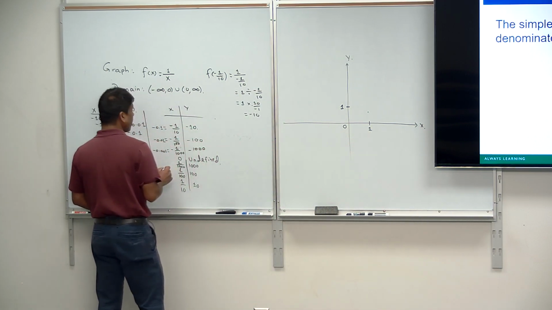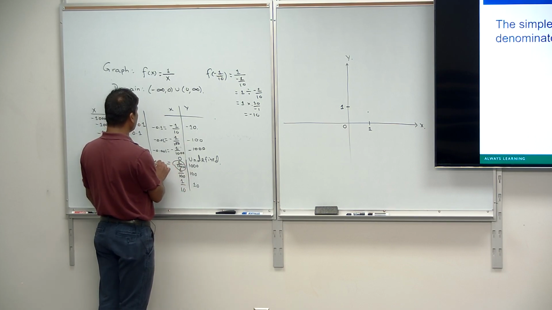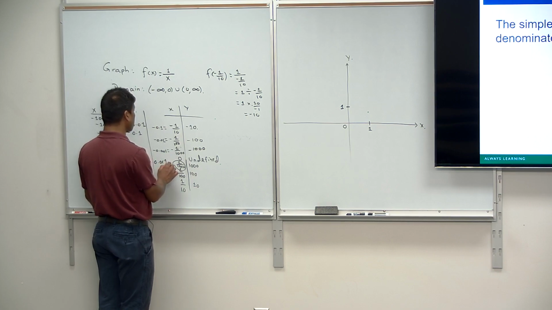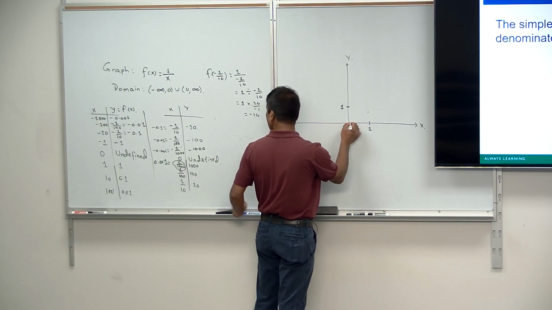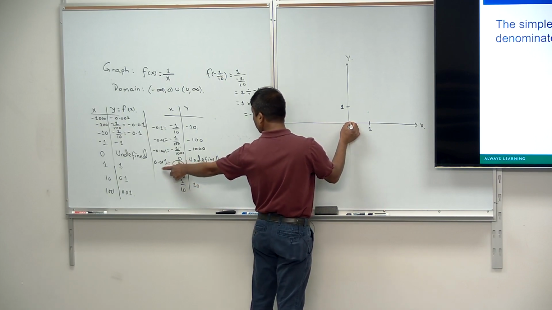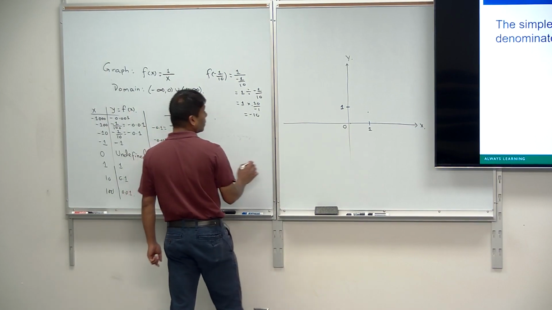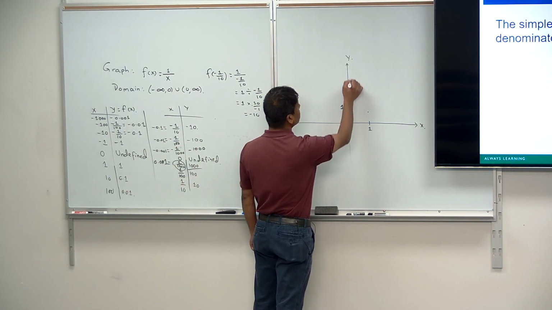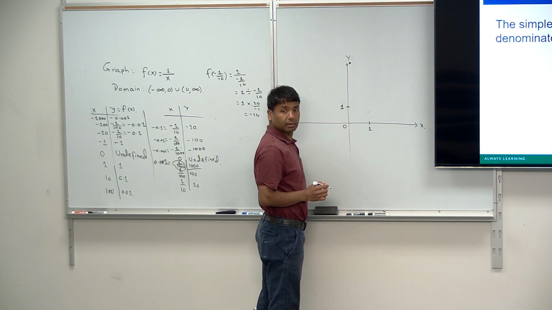So for 1 over 1000, this is exactly 0.001, is that right? So for 0.001, which is pretty close to 0, it is what? It is 1000. So it blows up here, you know what I mean? It goes up.